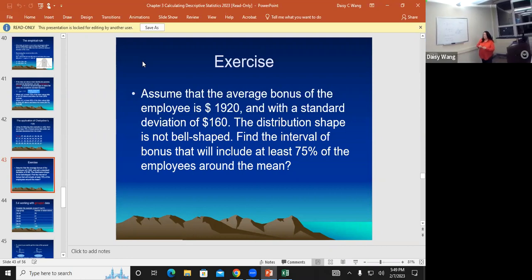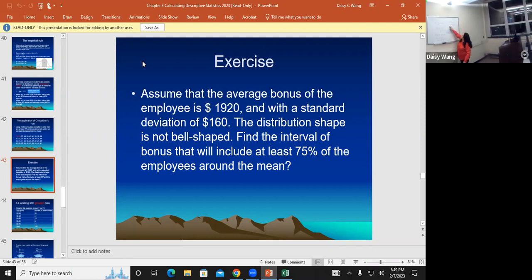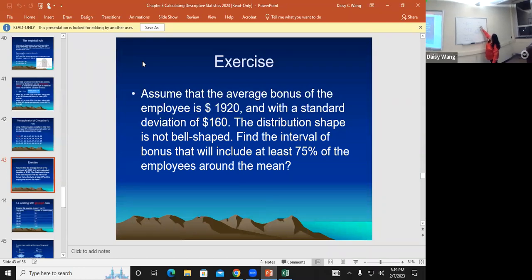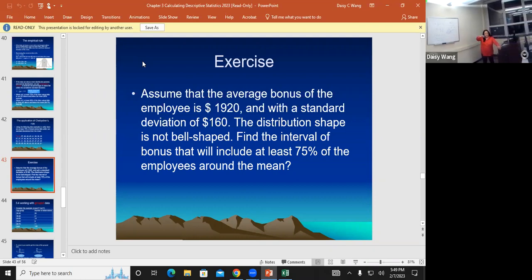Do you want to try? So it will be 1920 plus minus 160 times 3. That's 480, right? So 1920 minus 480 is 1,440, and 1920 plus 480 is 2,400. I don't know if I calculated right, just check.